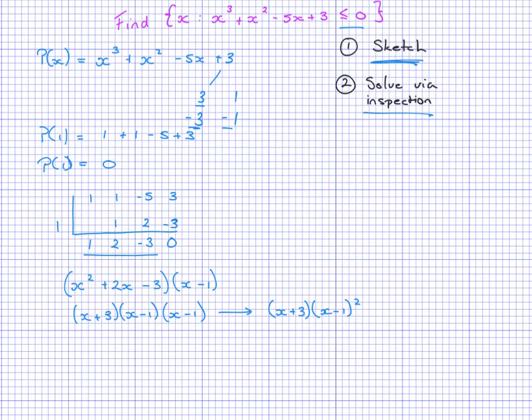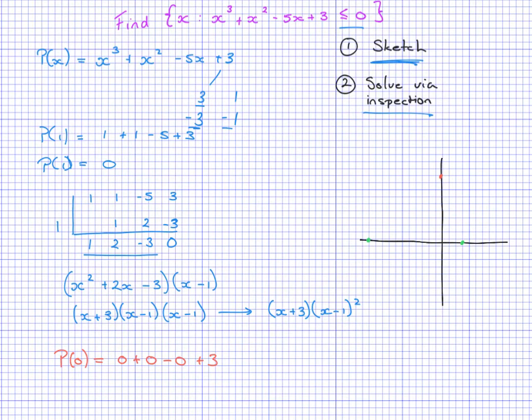So my sketch is going to cross through at minus 3 here and touch at 1 here. I'm going to calculate my y-intercept now by setting x equal to 0. So looking back up at the original polynomial, I can see 0 plus 0 minus 0 plus 3. So it goes through up here at plus 3.